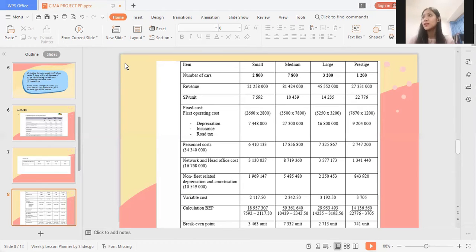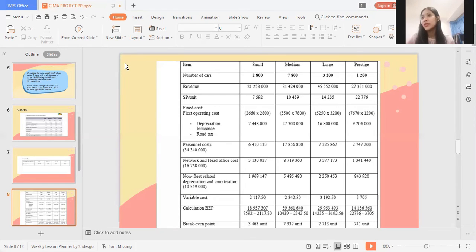Personnel costs 7,325,867, and network and head office costs 3,577,173. Non-fleet related depreciation and amortization 2,250,453, and the total variable cost for the large is 3,192.50 per unit.